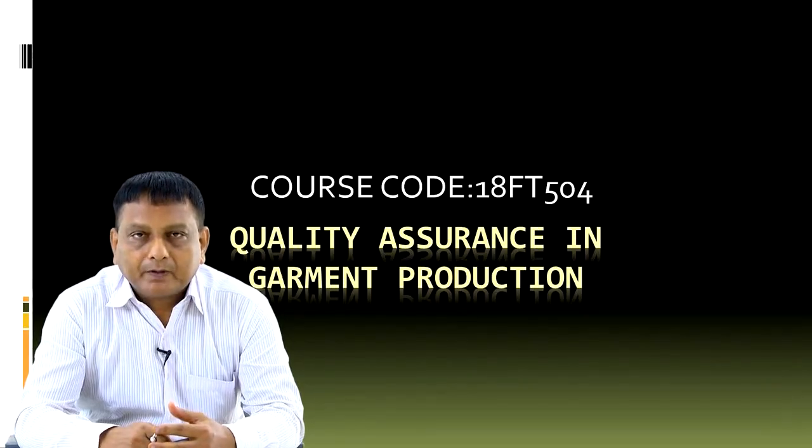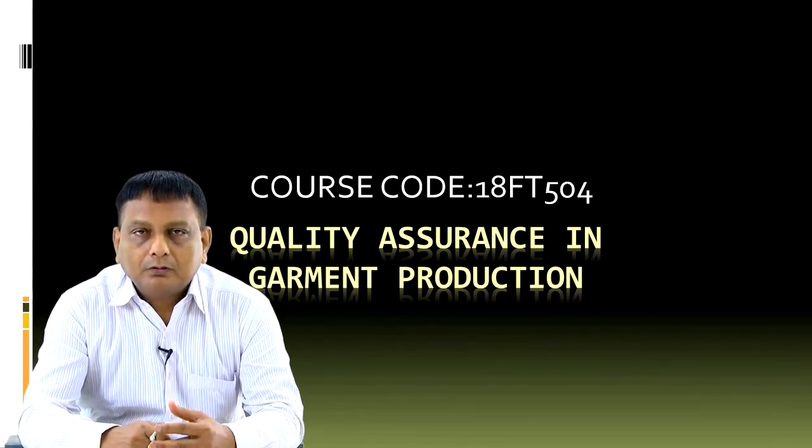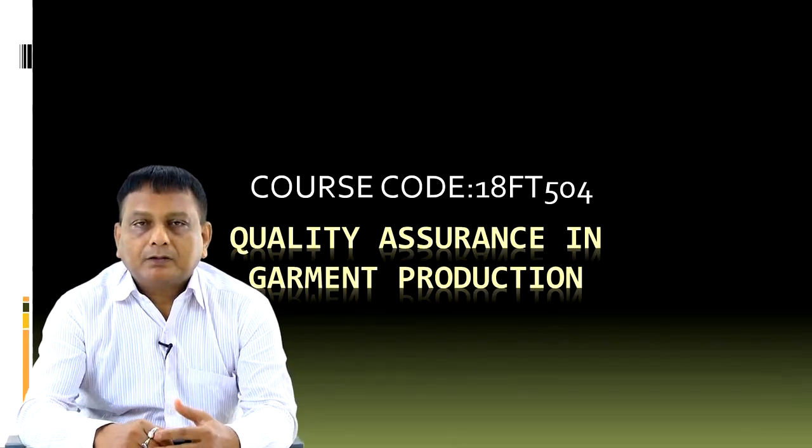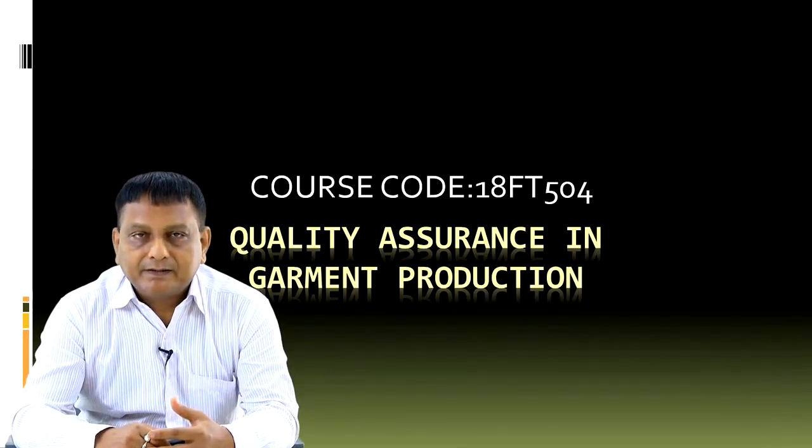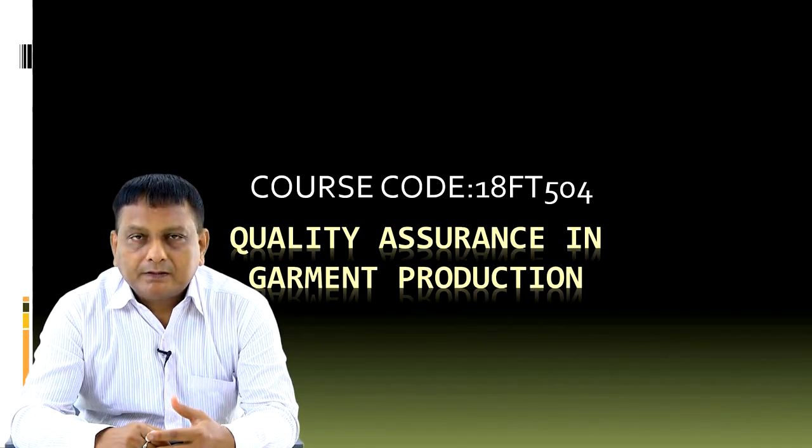Today we are going to tell you about a course that is related to quality. The course code is 18FT504 and the name of the course is Quality Assurance in Garment Production. This is one of the very important topics in garment production, because any garment we use in our day-to-day life must be evaluated for quality.